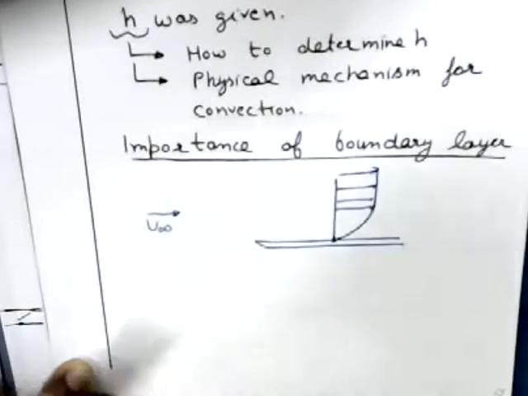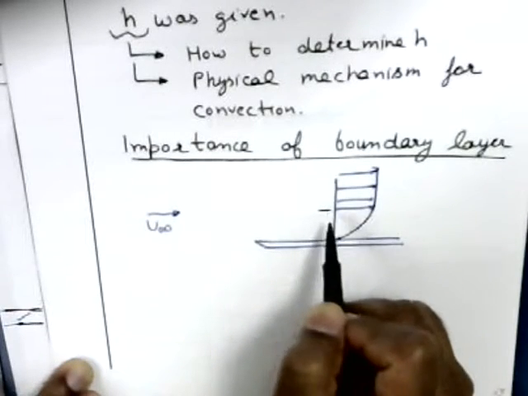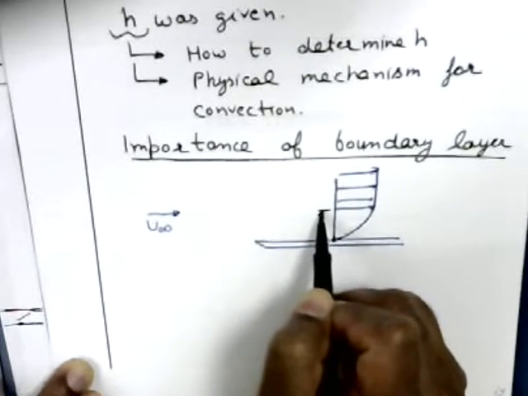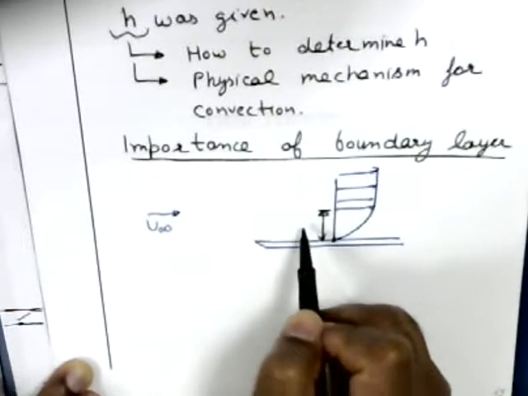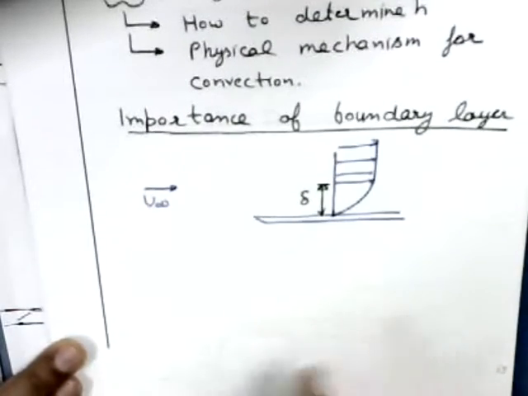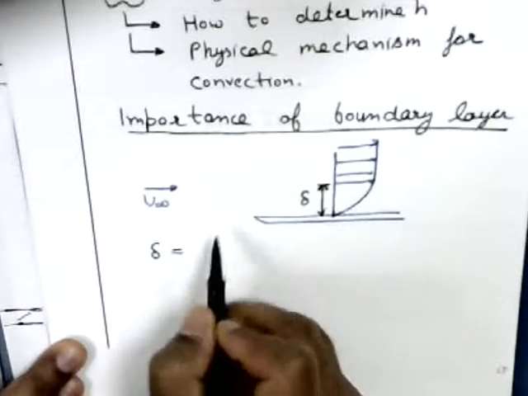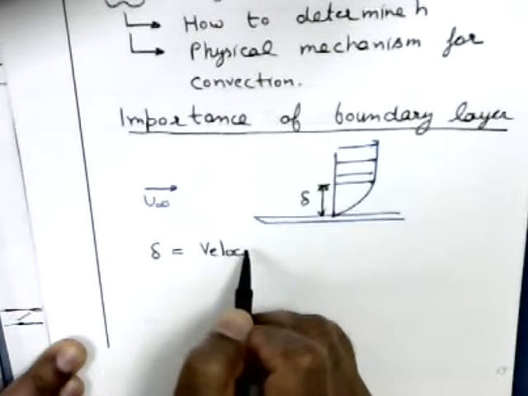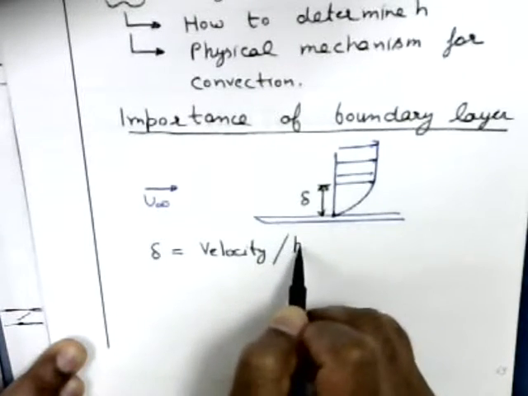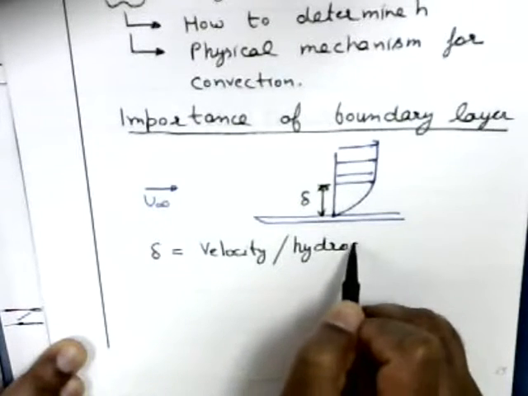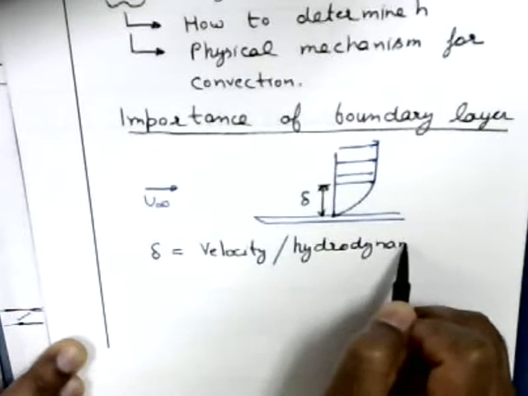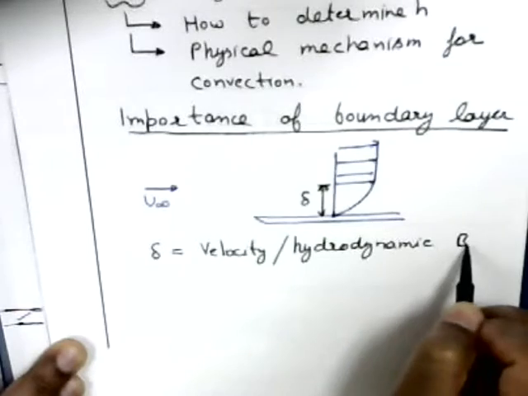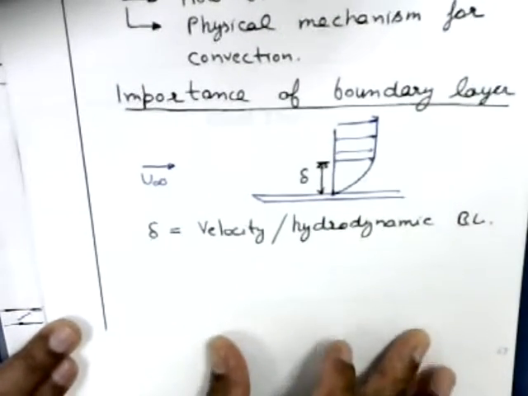And this is the region, say up to this point, which we call the boundary layer, delta. So this delta is what we call the velocity or hydrodynamic boundary layer thickness.